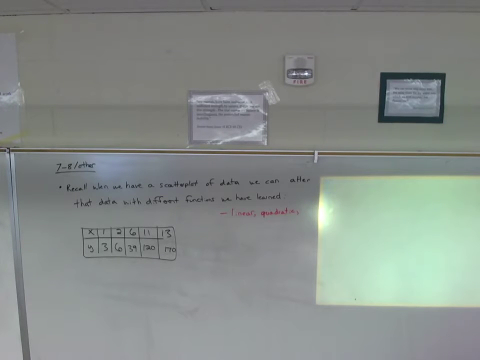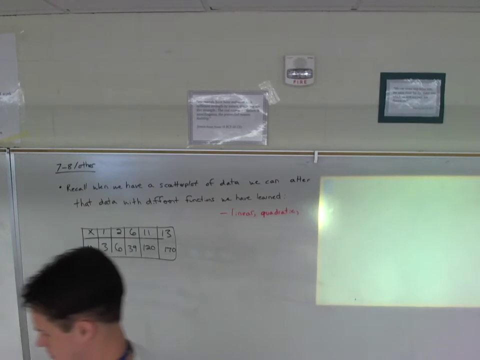Make a scatter plot, look at the scatter plot, and then try some different models and see which one you want to decide on. I'll give you a few minutes and I'll help you out, okay? I'm also going to pass out a worksheet.